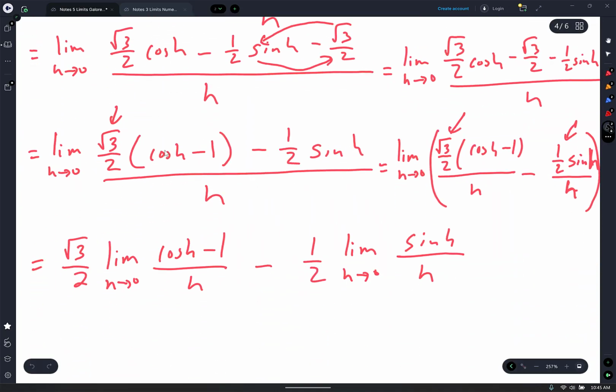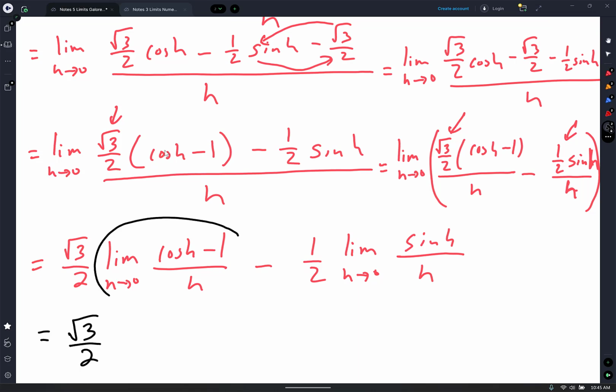Here we go. Limit. So I have the square root of 3 over 2, and I have this. What is this equal to? Yeah, I heard someone say it. That's 0. That's your special limit: as x approaches 0 of cosine x minus 1 over x, but instead of an x, they have an h in there. Minus 1/2.